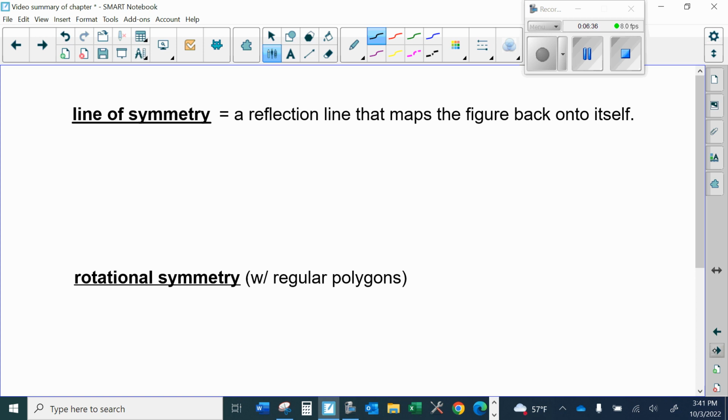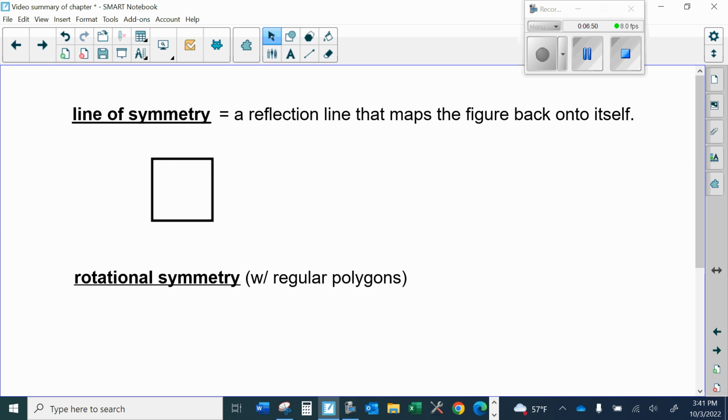Okay, a line of symmetry is a reflection line that maps the figure back onto itself. So if I took a square, a square is a regular polygon.